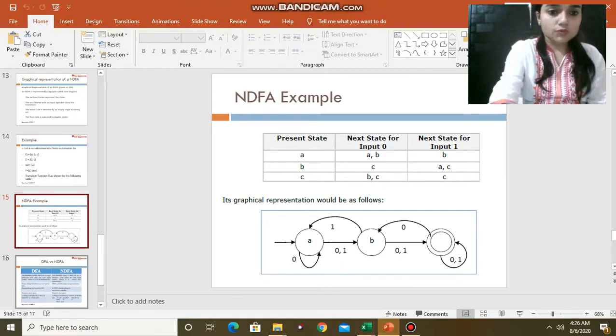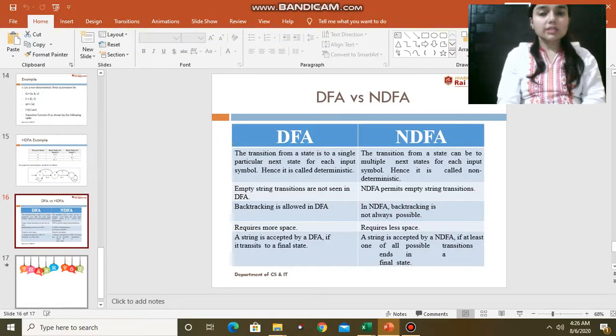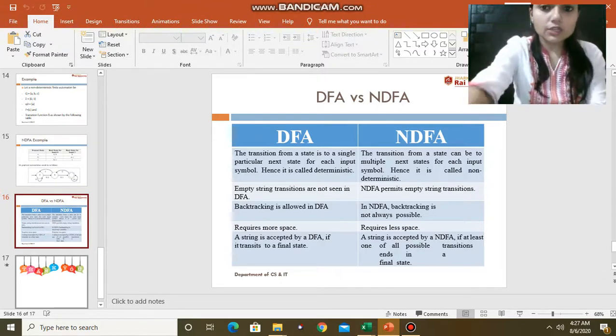Now let's move to the difference between the DFA and the NDFA. If I compare the power of deterministic and non-deterministic finite automata, the power is the same because NDFA can be converted to a DFA. Let's see the first difference.